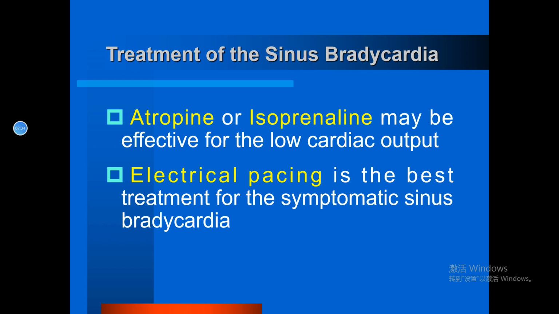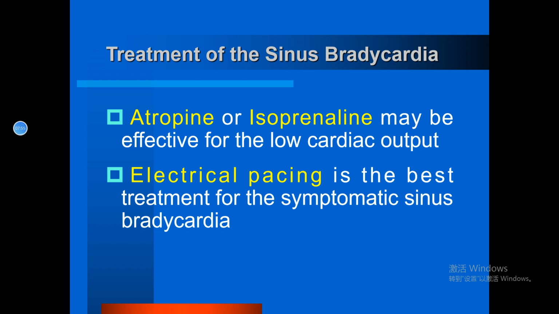Atropine or isoproterenol may be effective for low cardiac output. Sometimes electrical pacing is the best treatment for symptomatic sinus bradycardia.